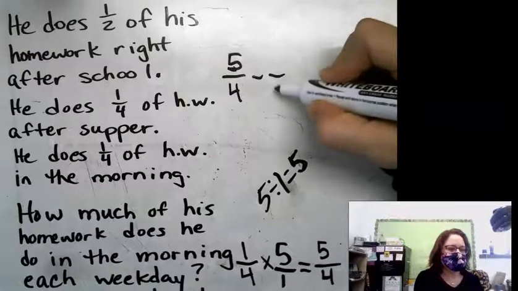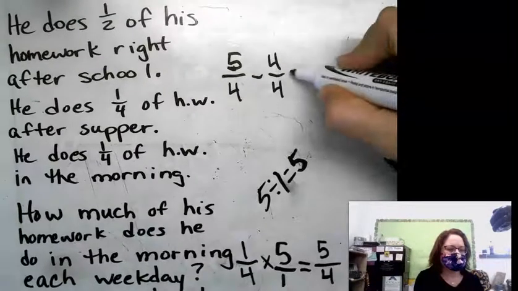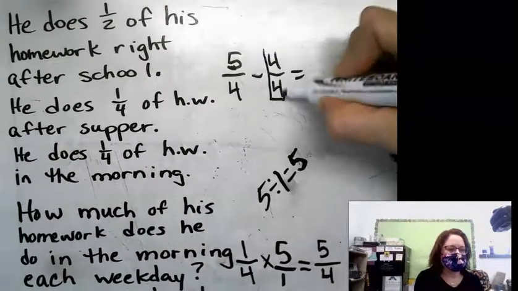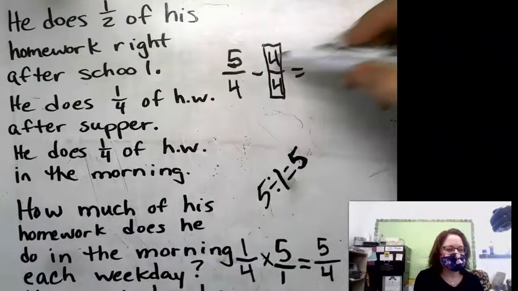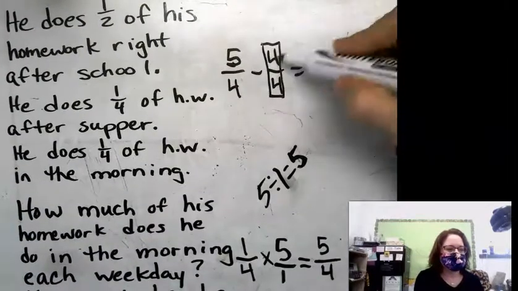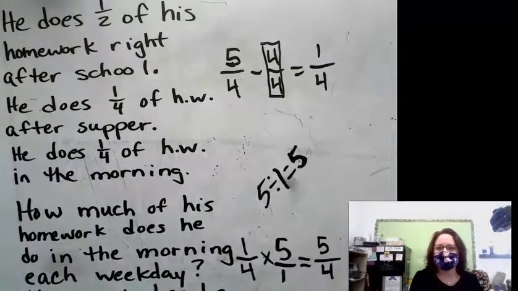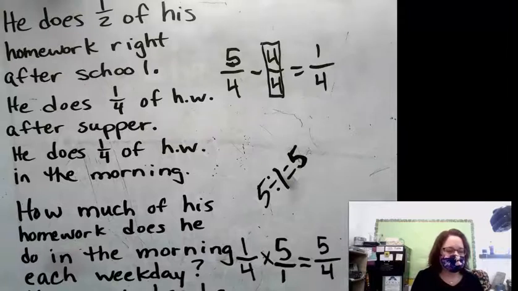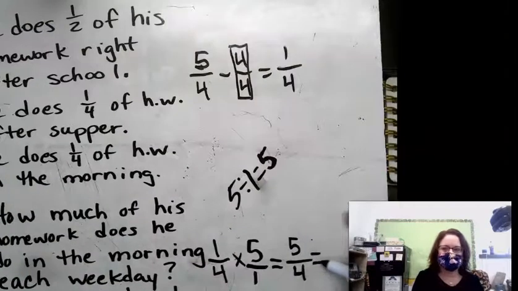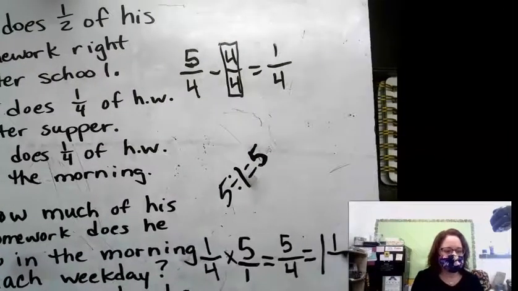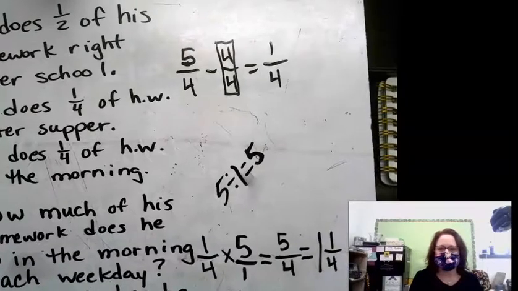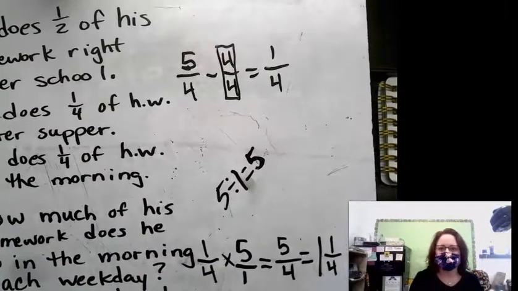So if I subtract 4/4 or 1 whole from this, I am left with 5 minus 4 is 1, and the denominators are the same. So I'm left with 1/4. So he does 1 and 1/4 of his homework in the mornings over the course of the week.